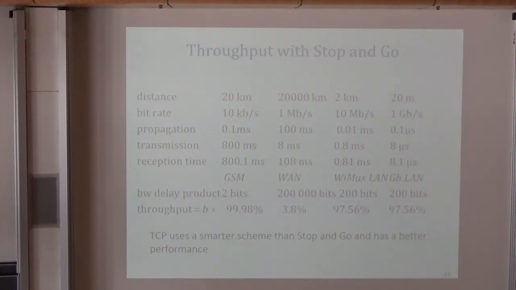Because remember, TCP, like all the internet protocols, was invented with the goal of being able to scale to any specific set of parameters. TCP has to work in all of those 4 scenarios. So TCP will achieve close to 100% in those 4 scenarios. We will see how in due time.